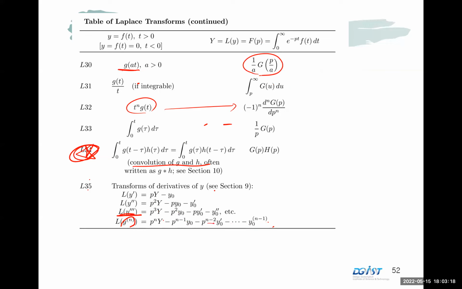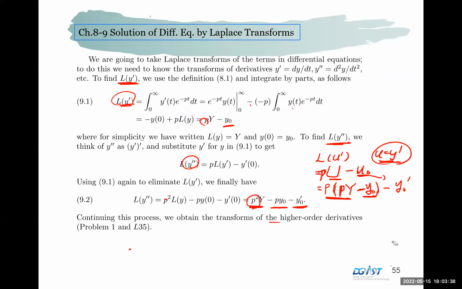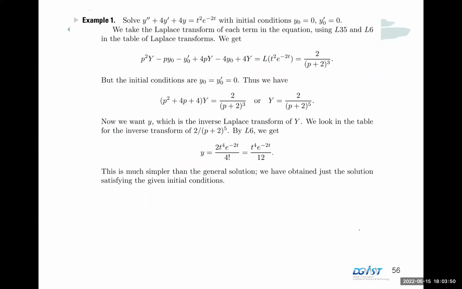And the remaining part only depends on the initial conditions. So with the Laplace transform, we can change the differential equation to a usual polynomial equation for P. So this is the idea of how you can apply the Laplace transform to solve a differential equation. The differential equation changes to a polynomial equation.